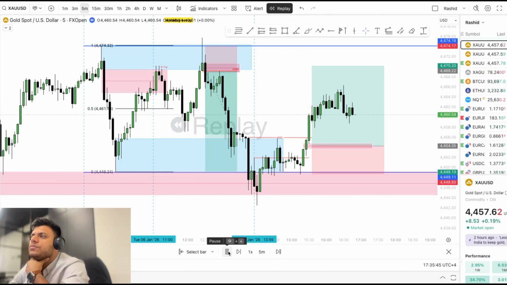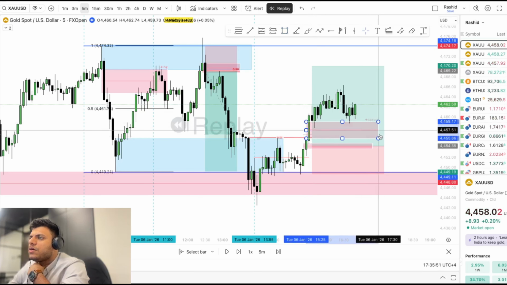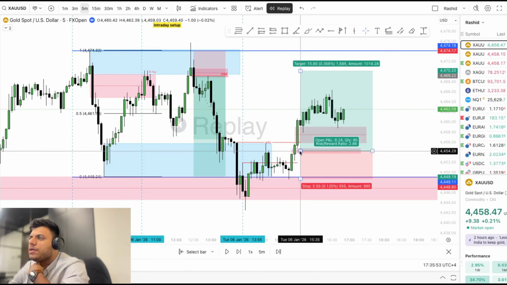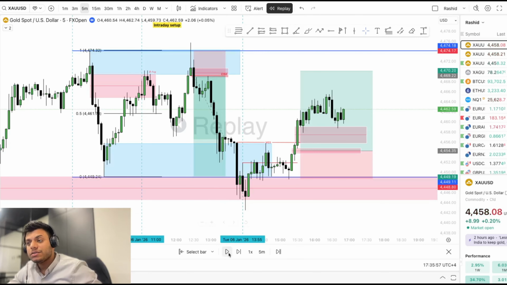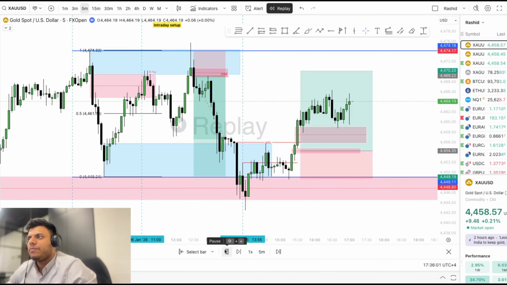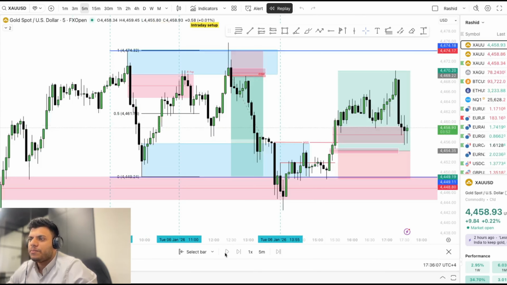Got a gap here also. Yeah, you can place it here to this level, but no, my overall bias is bearish only, so I'm not looking for any sell right now. If it is taking from this level, then it's okay, fine. Okay, let's see.